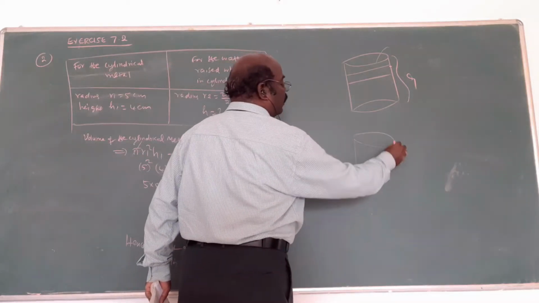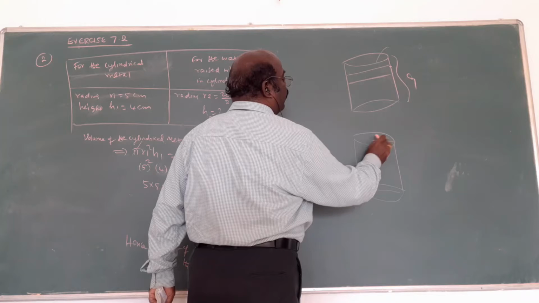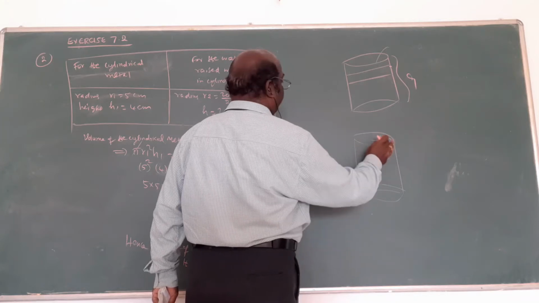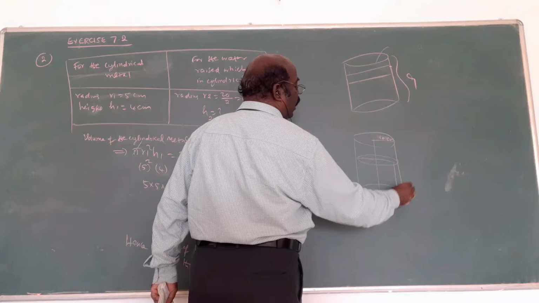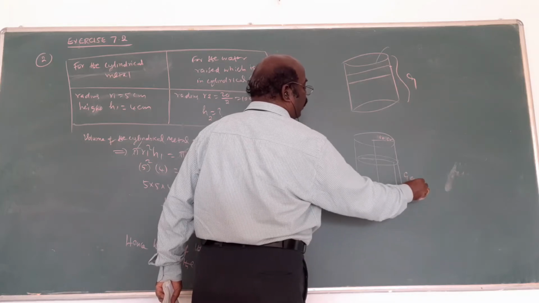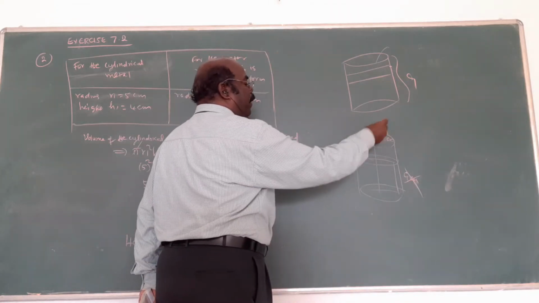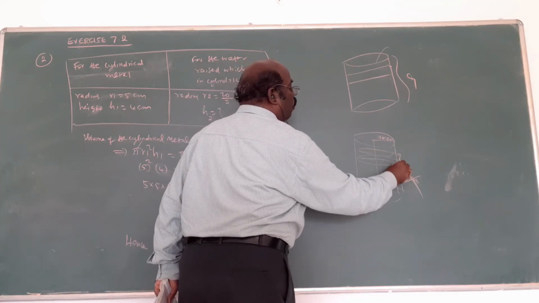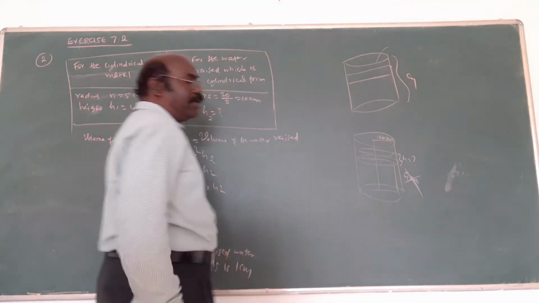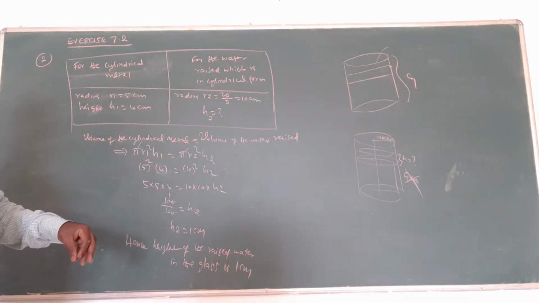Once again I want to explain. This is the glass with a 20 centimeter diameter, that is 10 centimeters radius. Up to here the water level is 9 centimeters, which we don't want. Now you drop one metal piece, and automatically the level of water rises. This is alone what is asked. That's why it depends upon the metal piece.